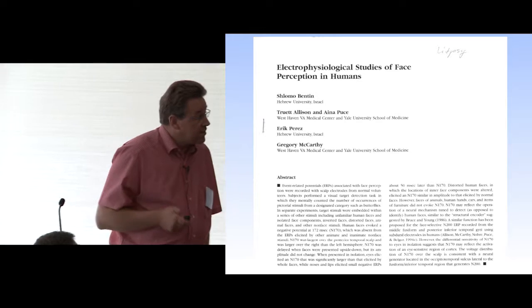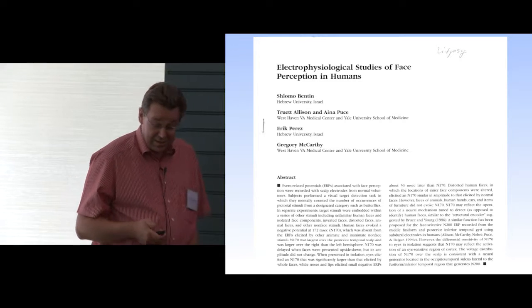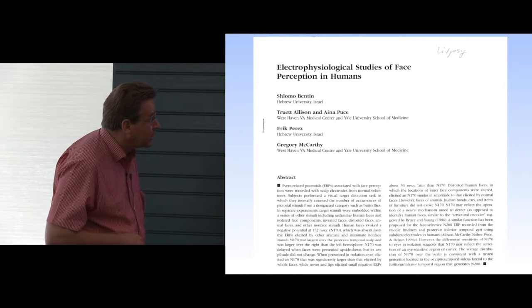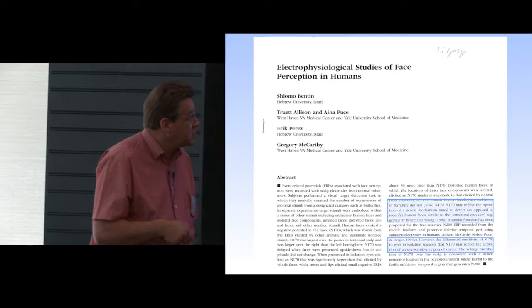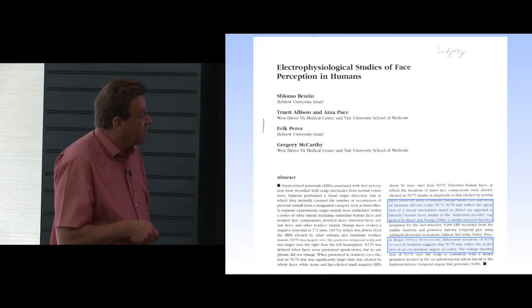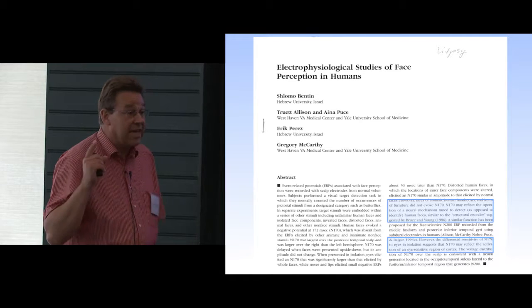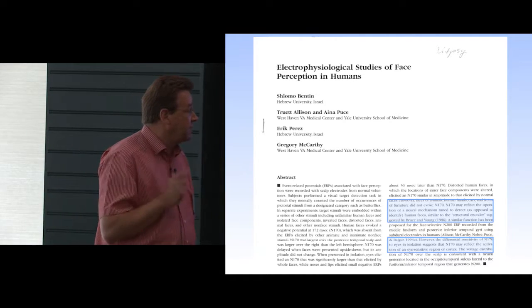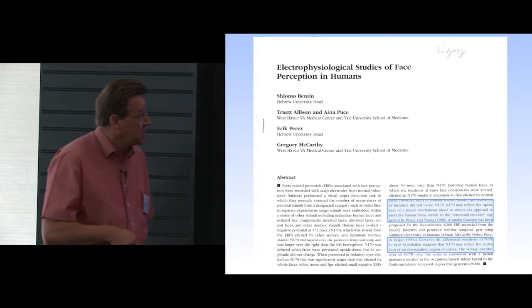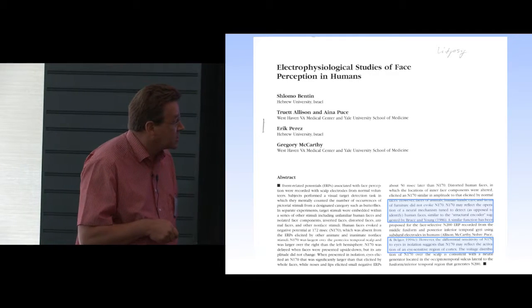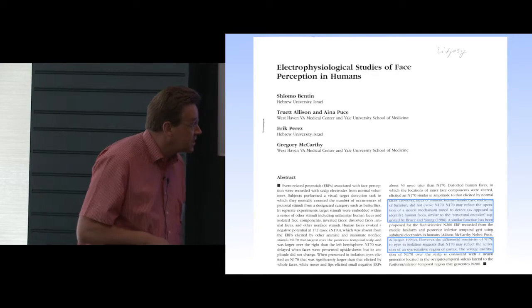And I think 2 points deserve particular mention here, so I'm trying to highlight this here. So there's this one point where he says, N170 may reflect the operation of a neural mechanism tuned to detect as opposed to identify human faces, similar to the structural encoder suggested by Bruce and Young, 1986.